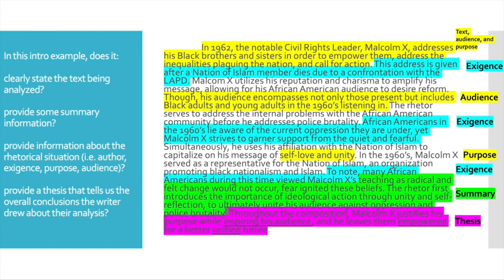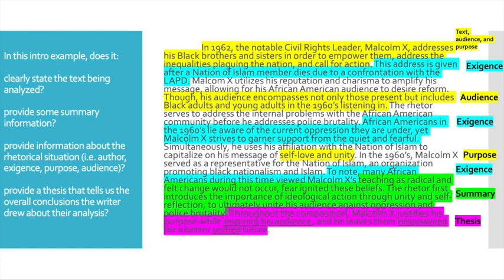Malcolm X utilizes his reputation and charisma to amplify his message, allowing for his African American audience to desire reform. Though his audience encompasses not only those present, but includes black adults and young adults in the 1960s listening to it. The rhetor serves to address the internal problems with the African American community before he addresses police brutality.